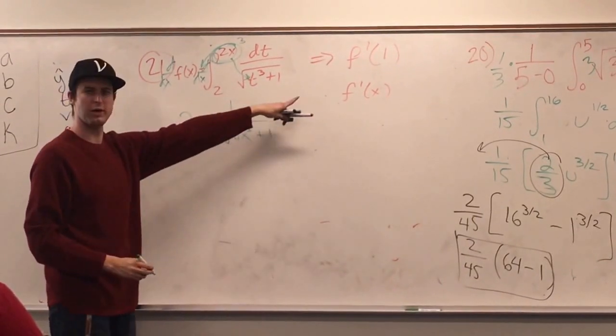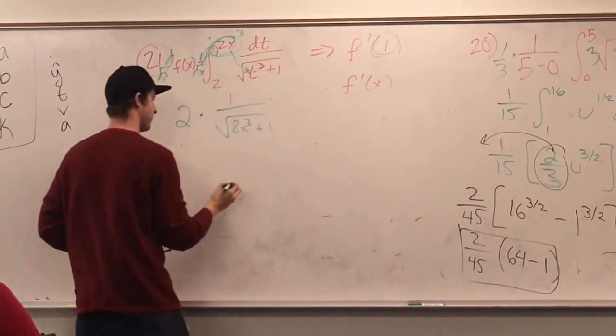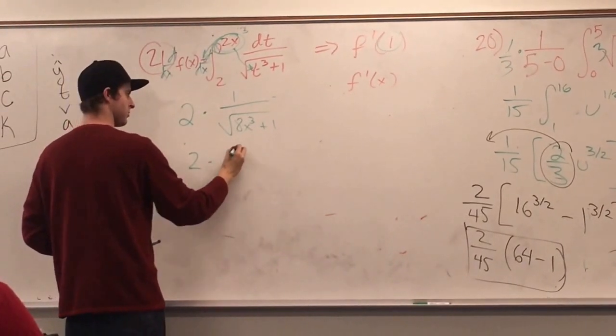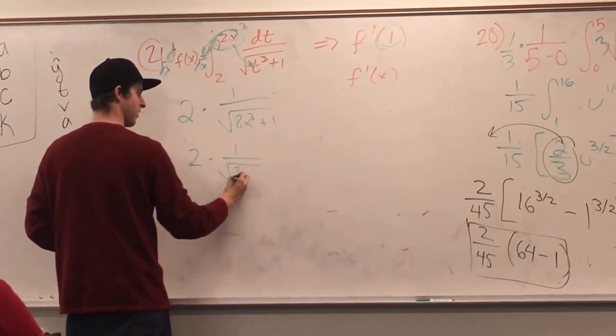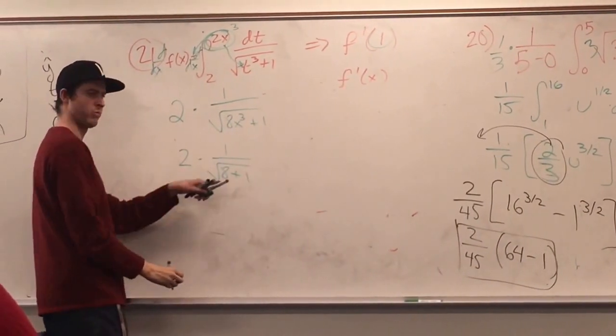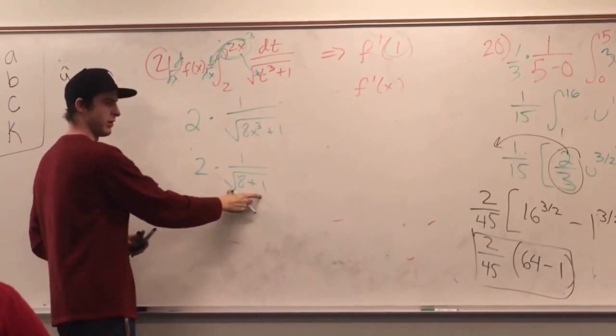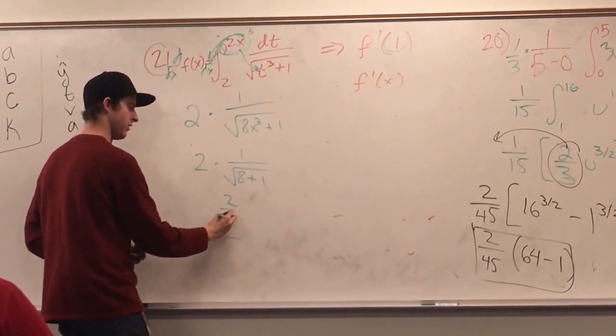So this is what f prime of x is. Now I plug in 1. So 2 times 1 divided by radical 8 times 1 is 8, plus 1. What's the square root of 8 plus 1? Square root of 9, which is 3, so it's 2 over 3.